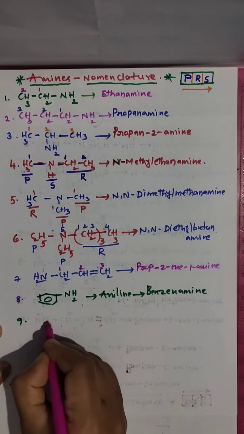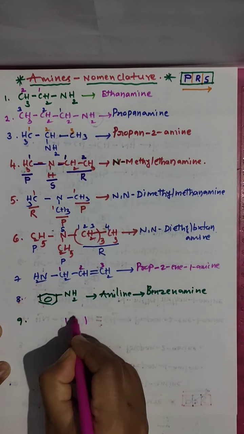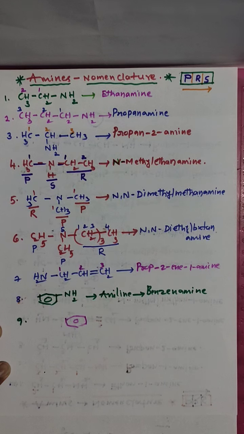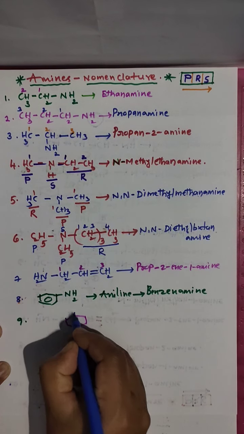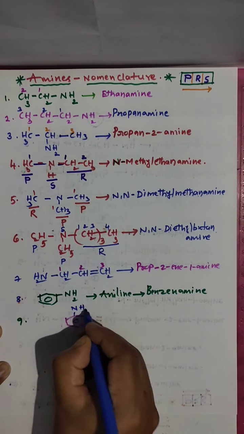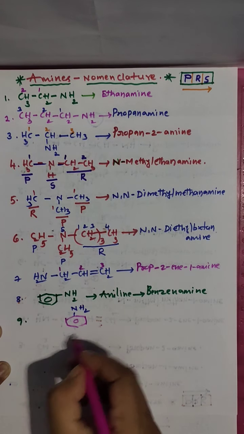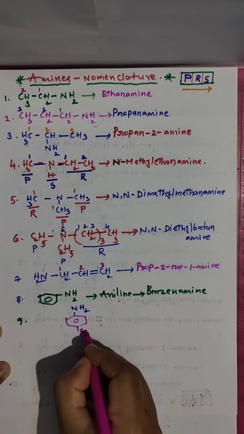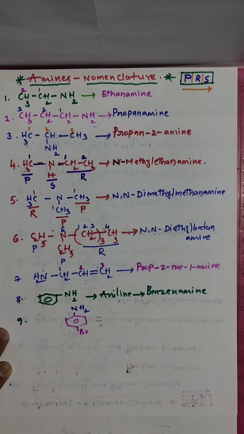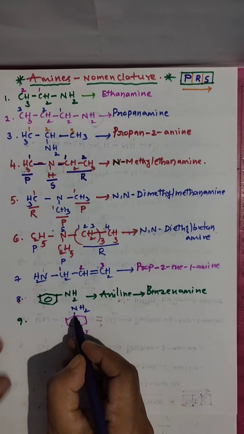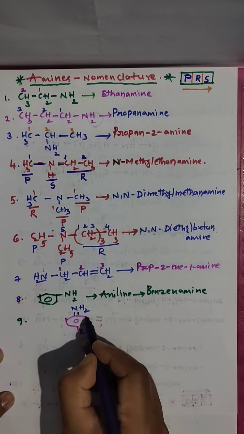And now go for another aromatic ring. This is a benzene ring, and this is attached with an NH2 group. This is aniline. And here somewhere one bromine is attached as a substituent. Now for the functional group carbon, we have to give first priority.